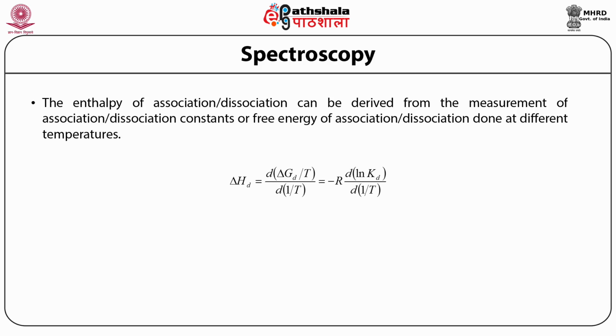So if you plot delta G by T versus 1 by T, the slope will give you delta H of binding, the enthalpy of binding, and since we know delta G, the delta H measurement can also give you delta S. So entropy can be calculated using free energy and enthalpy.